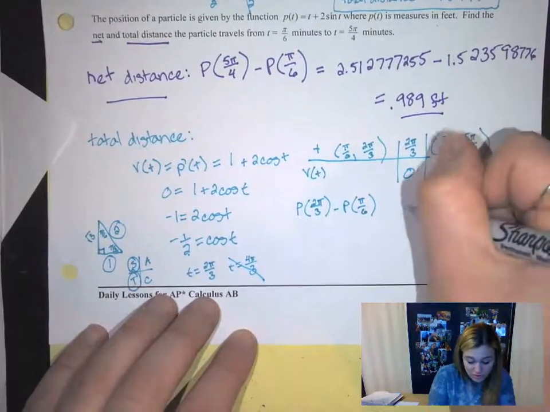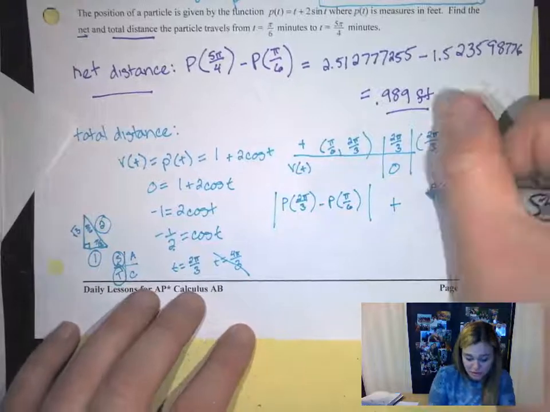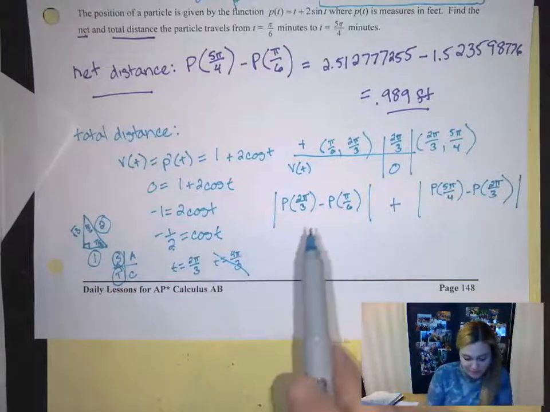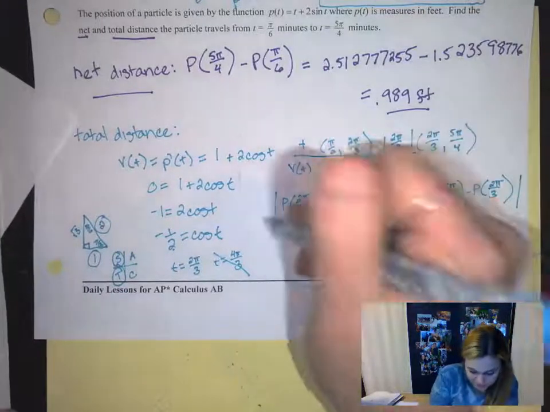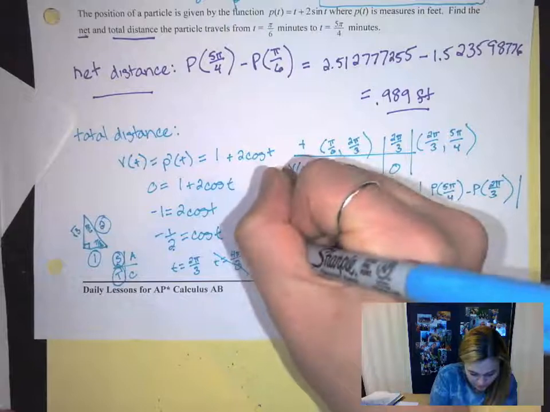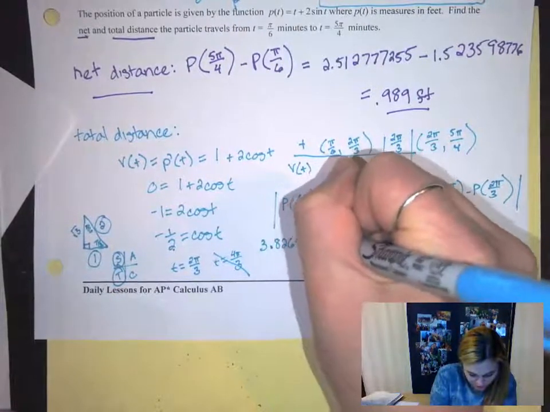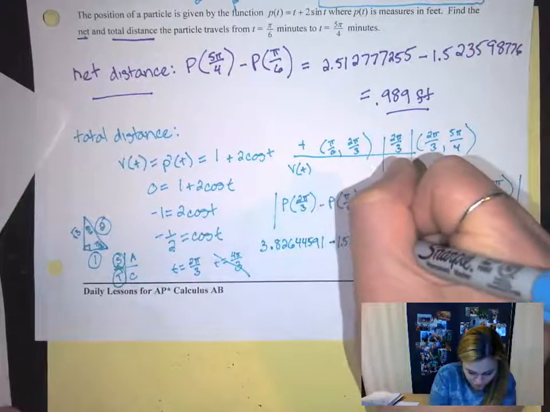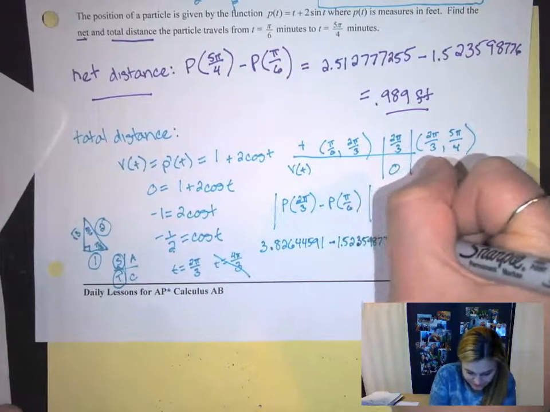Again, you can use a calculator for this one. I'm taking the absolute value just because I don't know whether I'm moving right or left, and I don't want the negative to affect my answer. If you say 2 pi over 3, there's some work here. This would be 3.82644591 minus 1.523598776.